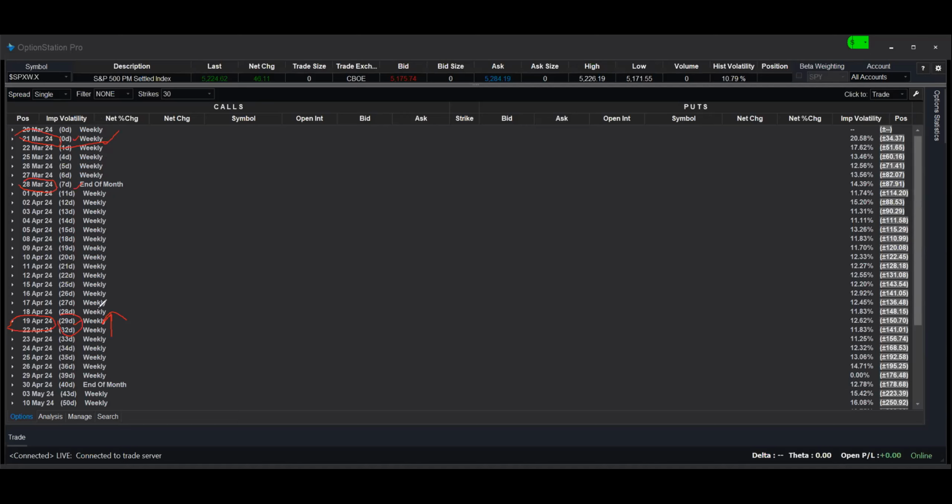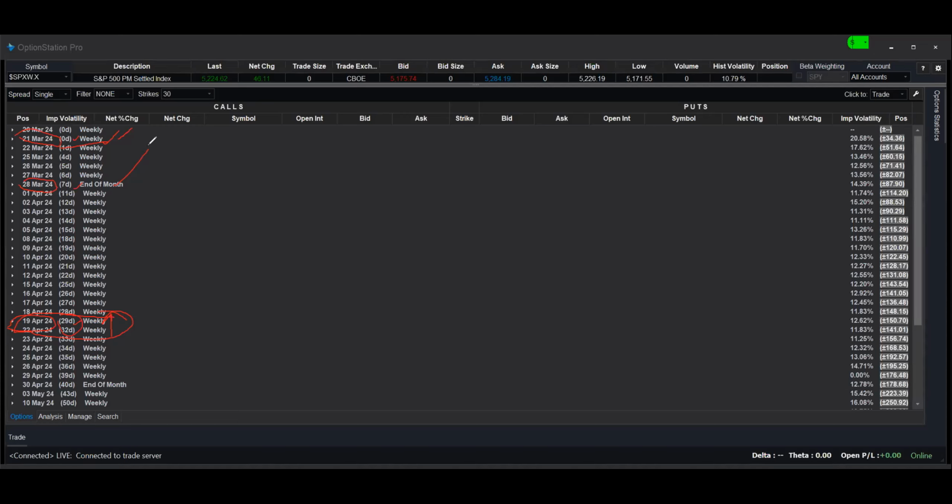I'm going to see an increase in price in the longer dated ones first. So when I see the longer dated options increase in price, I try to catch the appreciation in the shorter term expiration options. Understood?